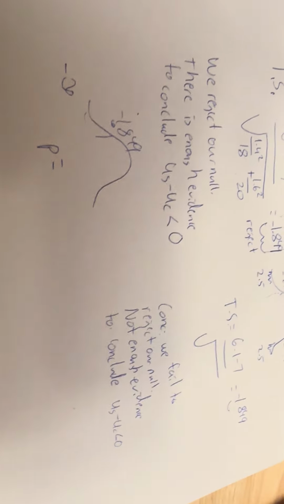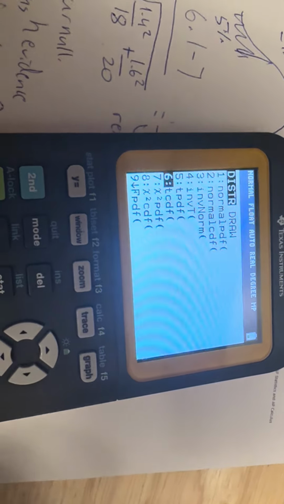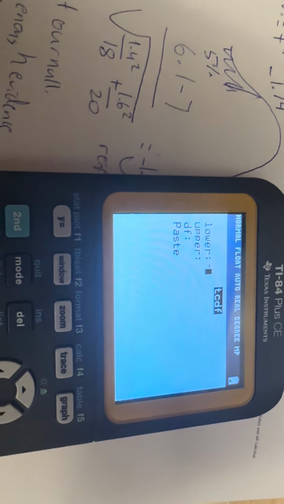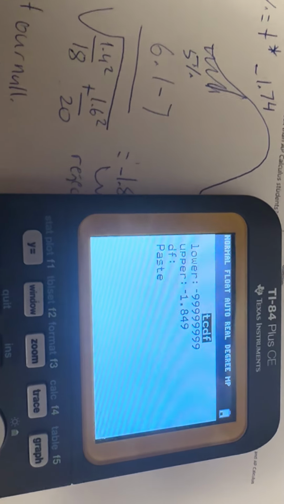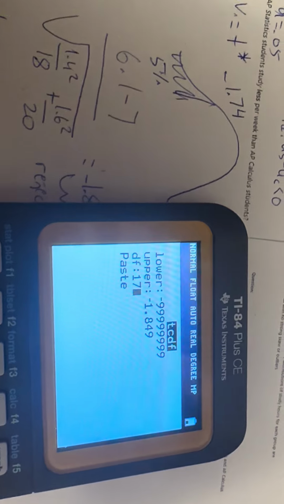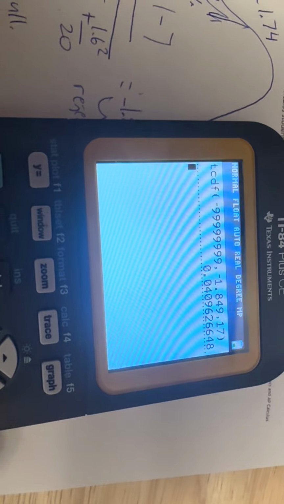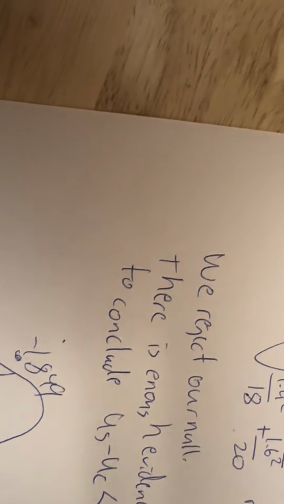So to get my p-value, I go to second vars, t CDF, and I'm going to say negative 999999999 all the way to negative 1.849. And degrees of freedom is 17. So I can get my p-value this way. So 0.040, so then we would reject our null hypothesis because that's less than 0.05.